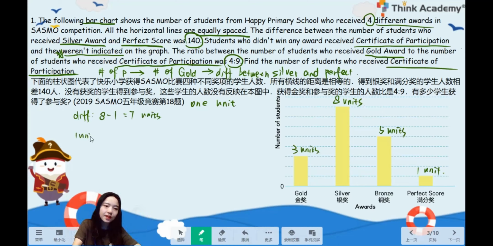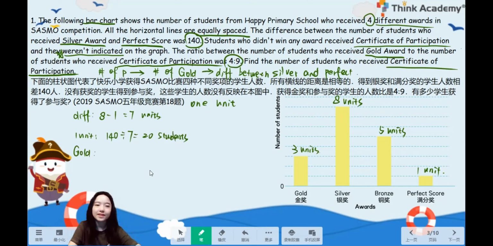So we can find how many students 1 unit represents, which is 140 divided by 7 equals 20 students. So the gold award gainers should be 20 times 3 units, which is 60 students.